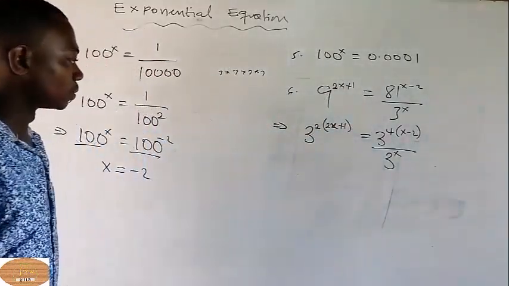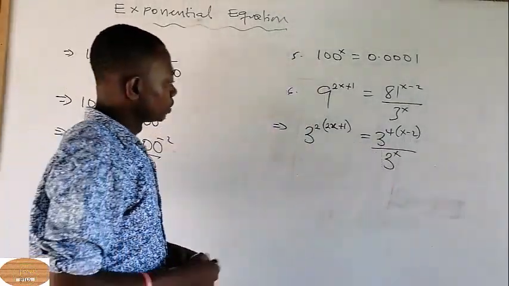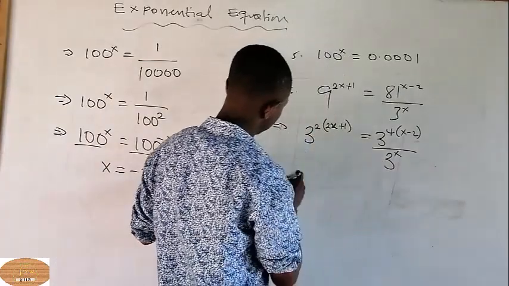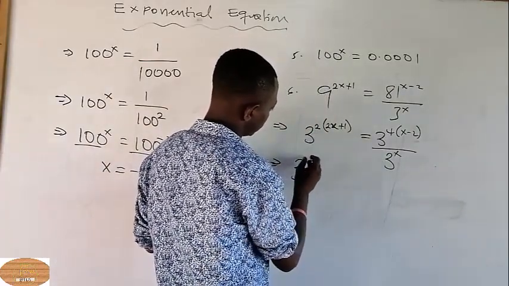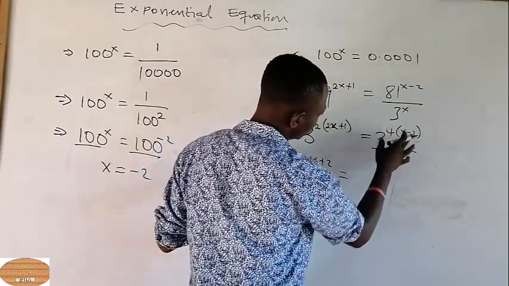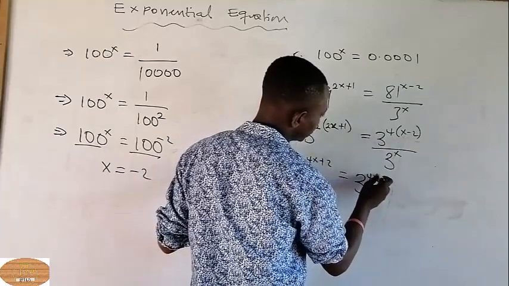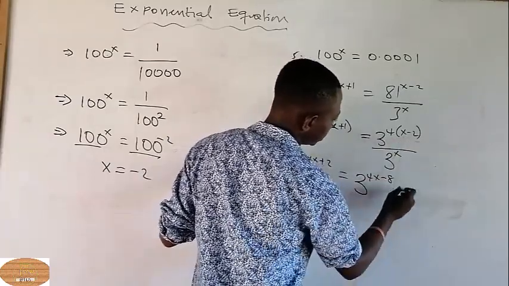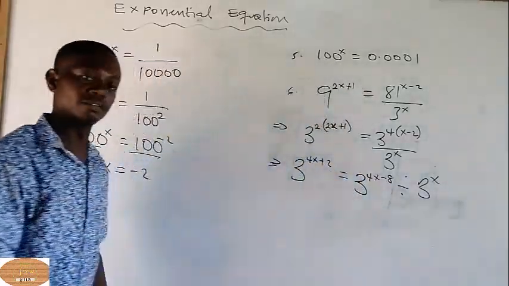Alright, so this one is division. So let me expand this one, 3 to the power 4x plus 2 equals, so this one is division, 3 to the power, let me expand the top, 4x minus 8 divided by 3 to the power x.